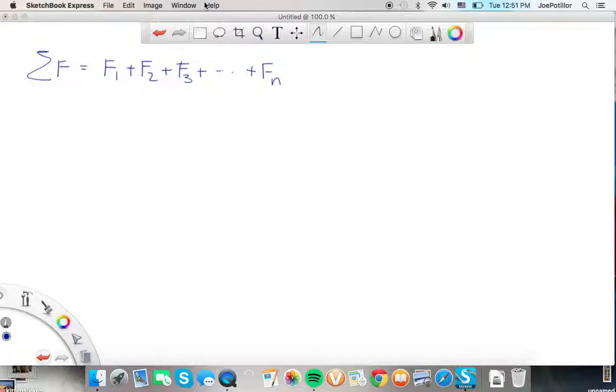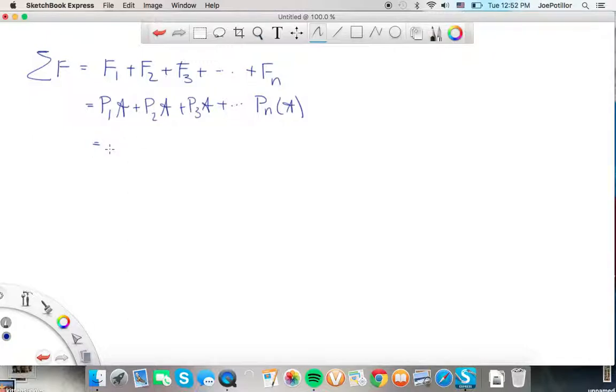Okay. Using our pressure definition, I can rewrite this as P1 A. Alright, and the area is in a fixed position, so this is constant, so it factors out.